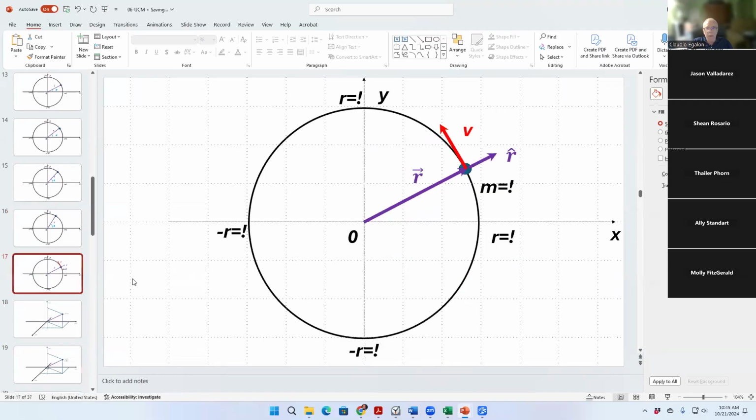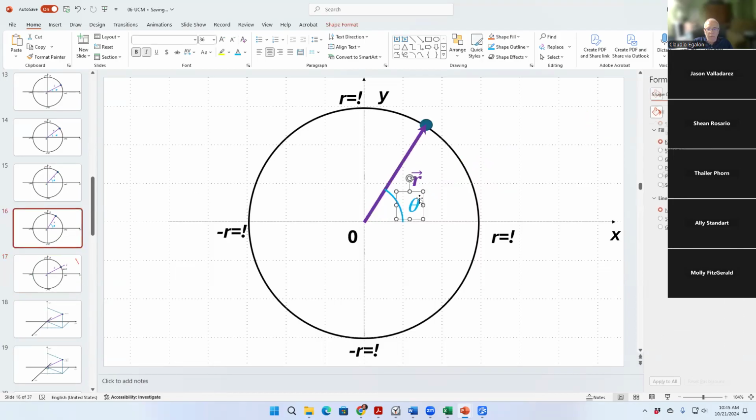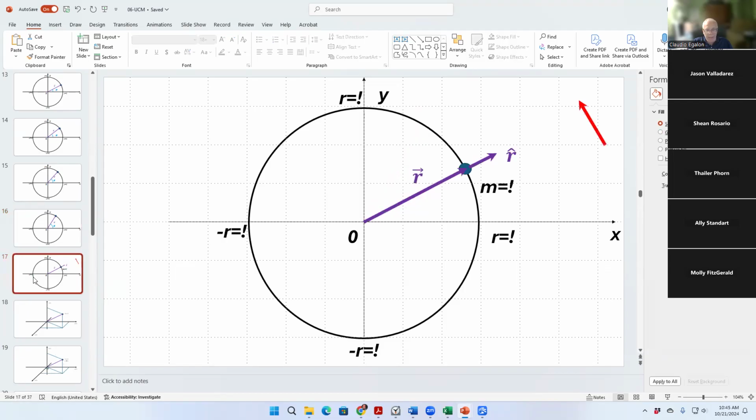Okay, I showed you this unit vector, r hat. But on top of this unit vector, we have another unit vector, the unit vector related to the angle theta.